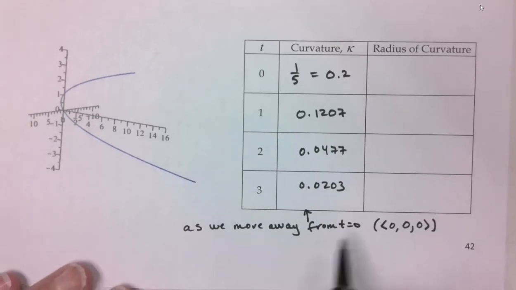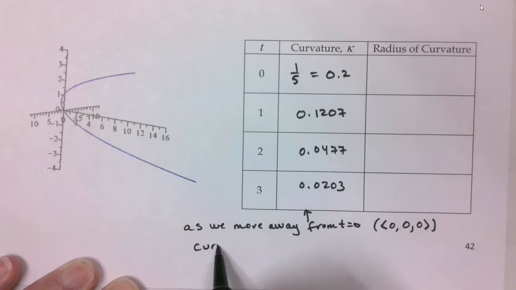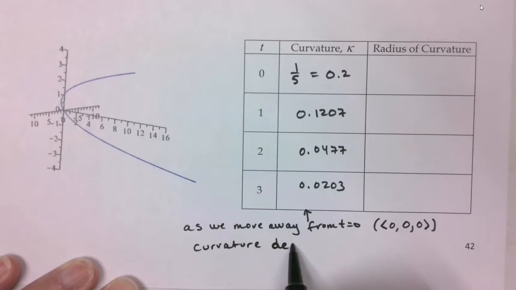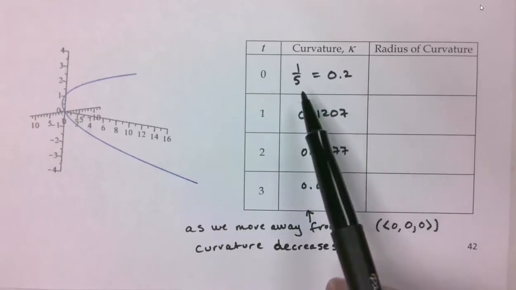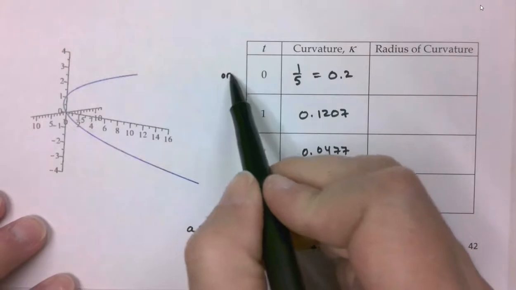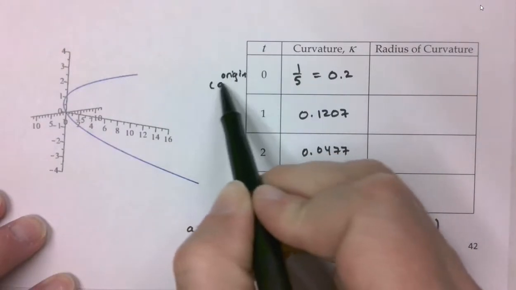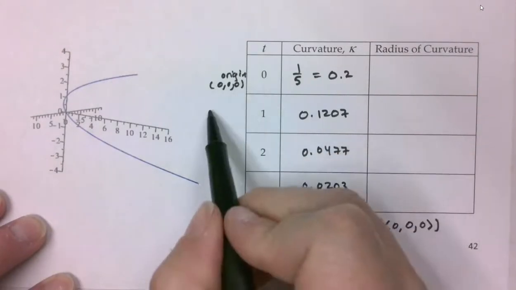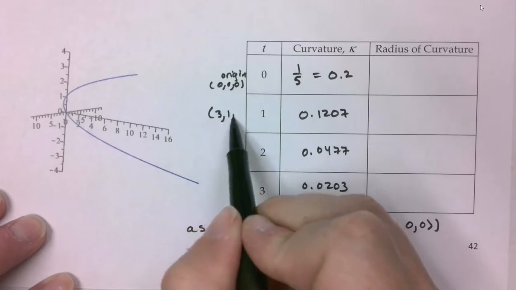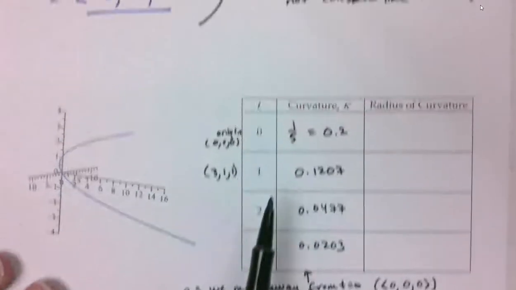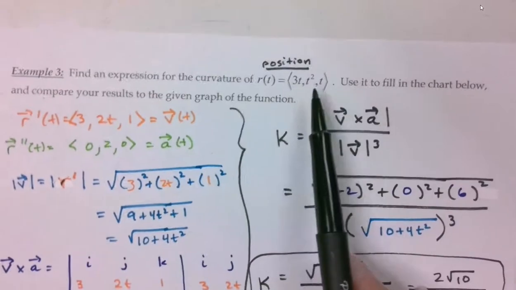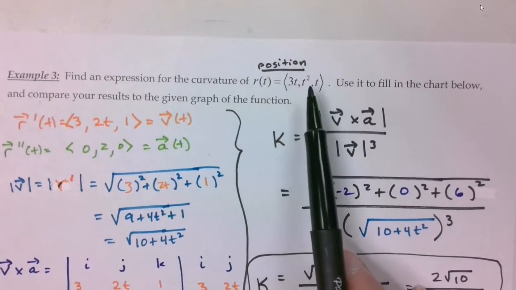So as you move away from t equals 0, the curvature decreases. In other words, it's quite curved near the origin, right? So here's the origin right here. So it's quite curved near the origin, 0, 0, 0, but at the point 3, 1, 1, which I'm getting, by the way, by substituting t equals 1 back into the original equation.